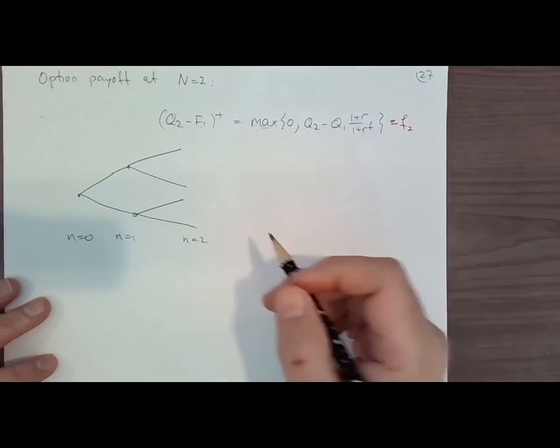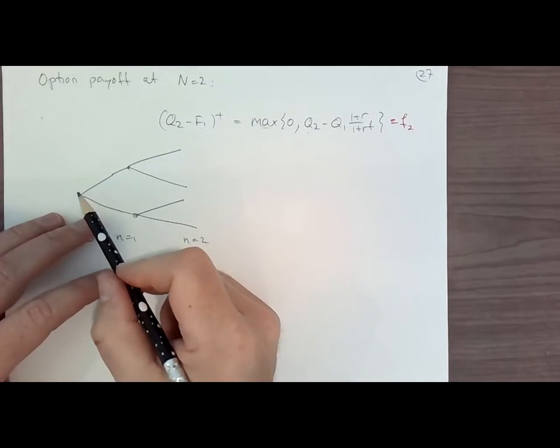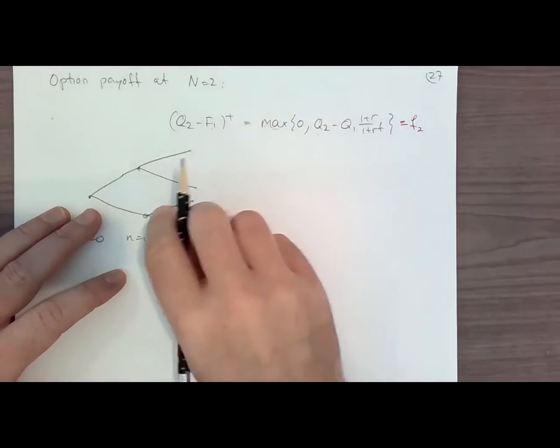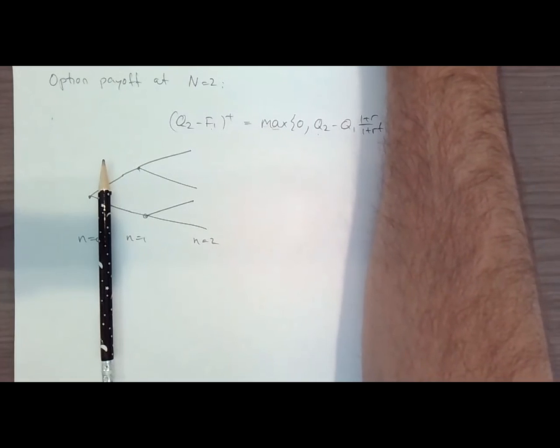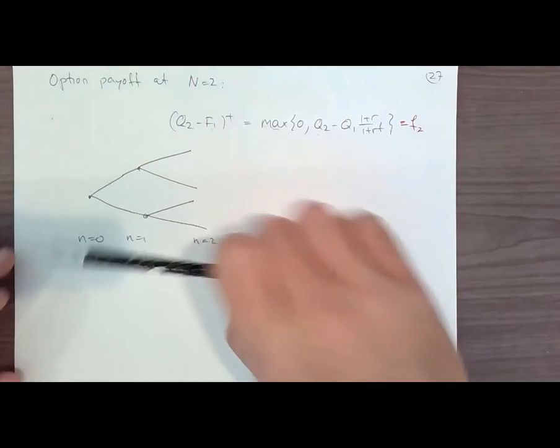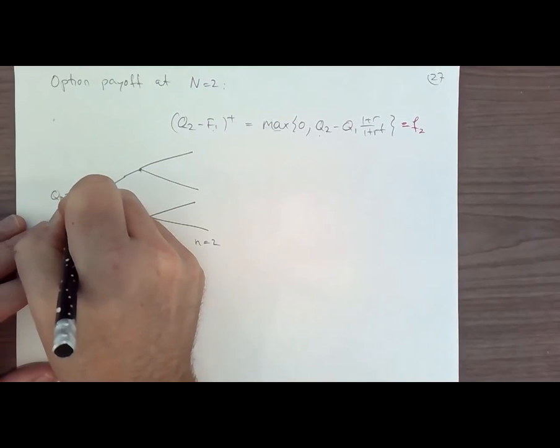So if I grow the tree for Q, Q0 was given to be 4.